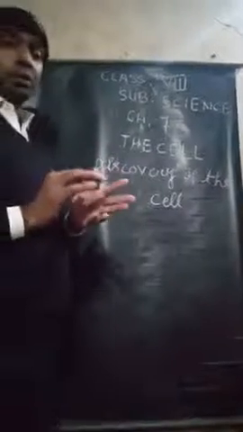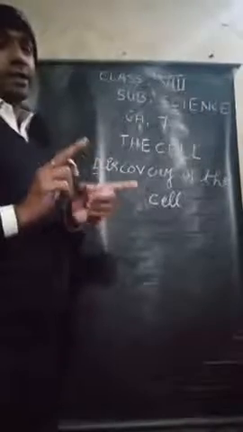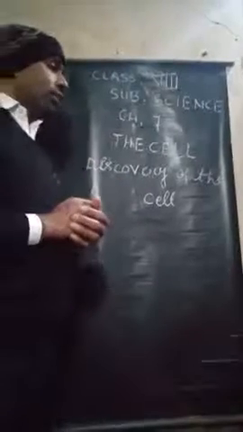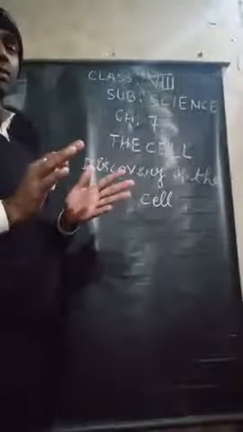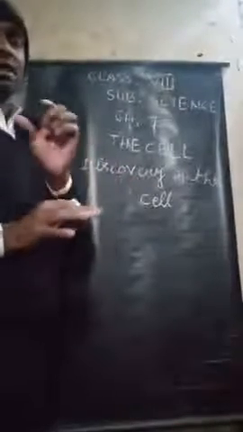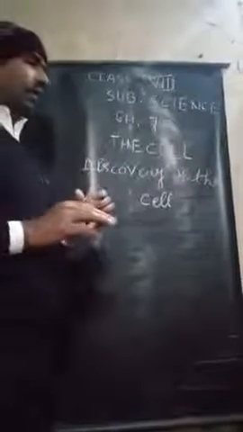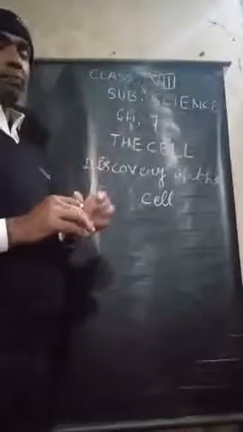That means the cell was discovered by Robert Hooke in 1665. He observed a slice of cork, a piece of cork, under a self-made microscope.